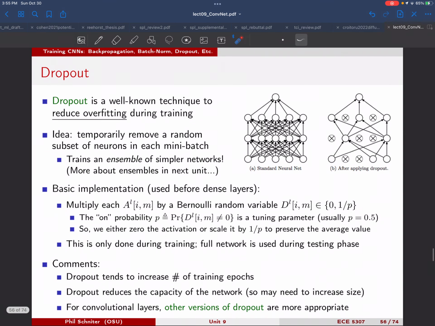Okay, so another very different technique that's interesting is called dropout. The main purpose of dropout, you could say, is to reduce overfitting during training. What you do is you temporarily remove a random subset of neurons in each mini batch.